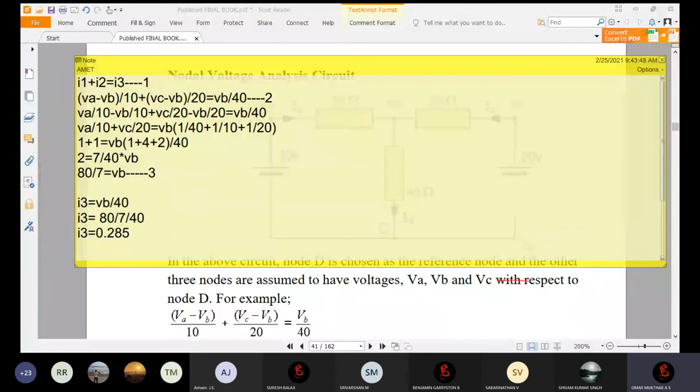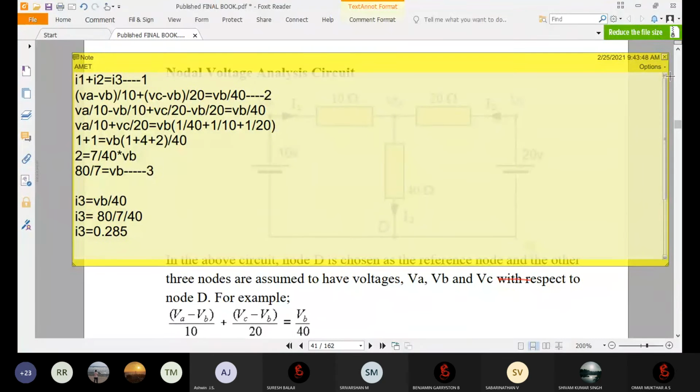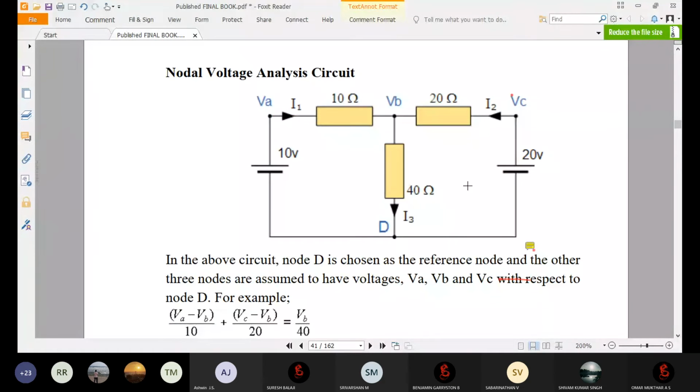Completed? Okay, now try to solve the same diagram using the voltage law, I mean the mesh analysis or loop analysis.